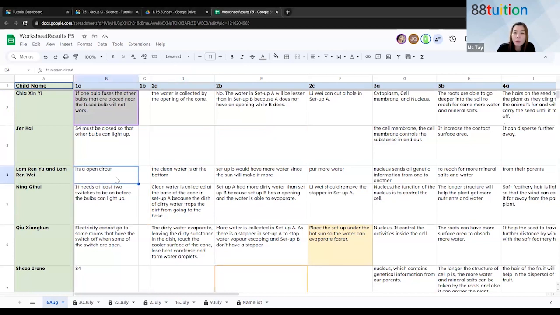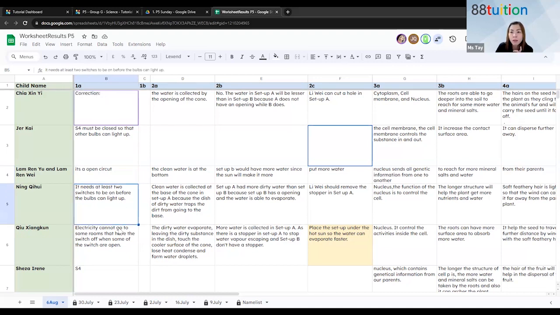So Renyu and Renwei, the answer is incorrect. Qi Hui says it needs at least 2 switches to be on before the bulb can light up. Not exactly that. Remember the diagram I showed you just now: even if S4 is open and all other 3 switches are closed, it still cannot light up.